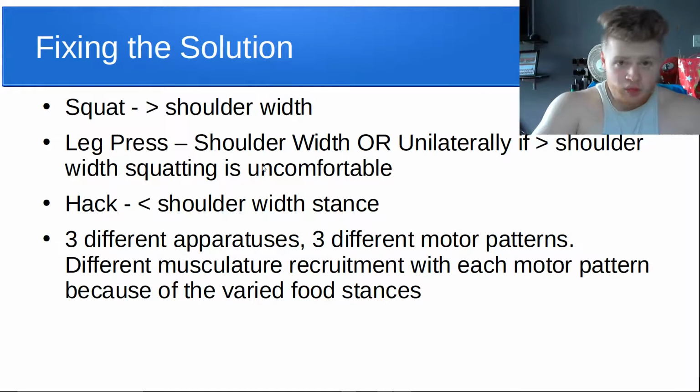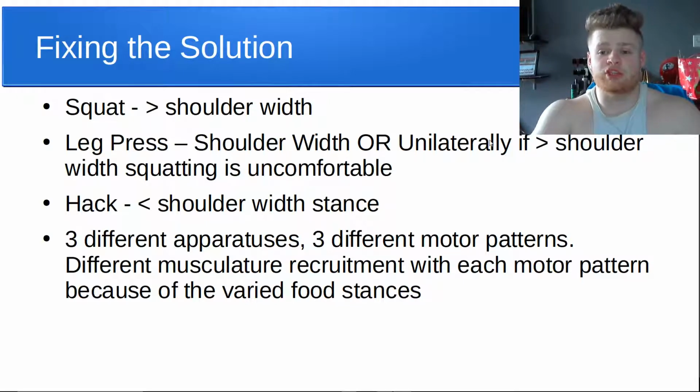Or another way to fix this is if you just cannot squat with a wide stance. I know some people, for example, that when they take a very wide stance with the squat, it's very uncomfortable. So they could squat with the shoulder width stance, and then once they get to the leg press, they could do the leg press unilaterally, one leg at a time, and then they could go to the hack squat where they take a narrower stance.